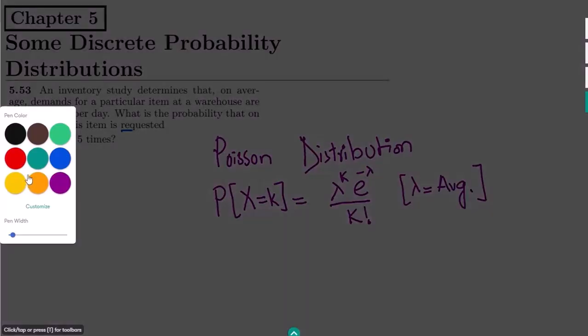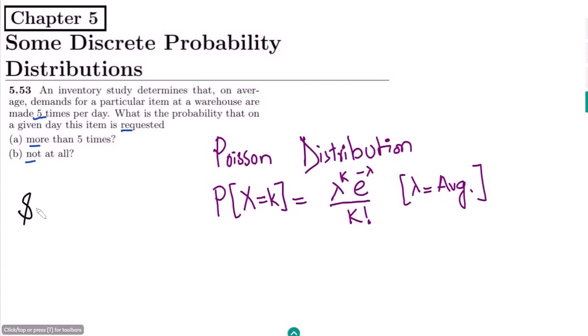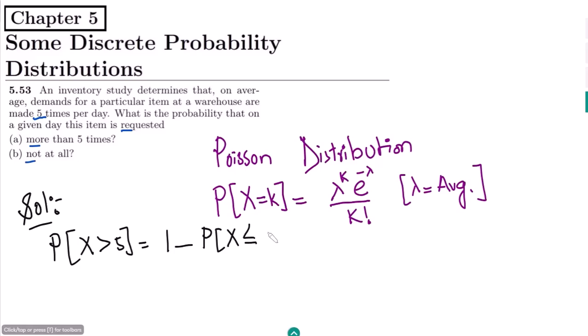In part A of my question, we have to find the probability that the items are requested more than 5 times. It can be calculated by 1 minus the probability that the items are less than or equal to 5. We have to keep in mind that the average number of times an item has been ordered is also 5, which is given here.